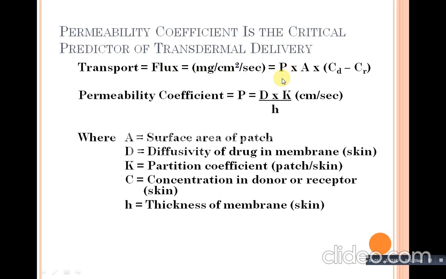P stands for permeability coefficient, A stands for surface area of the patch, CD stands for concentration of the donor compartment, and CR stands for concentration of the receptor compartment. The permeability coefficient can be determined by D into K divided by H. D is diffusivity, an intrinsic property of the drug, K is the partition coefficient, and H is the thickness of the membrane. Here the membrane is nothing but skin.